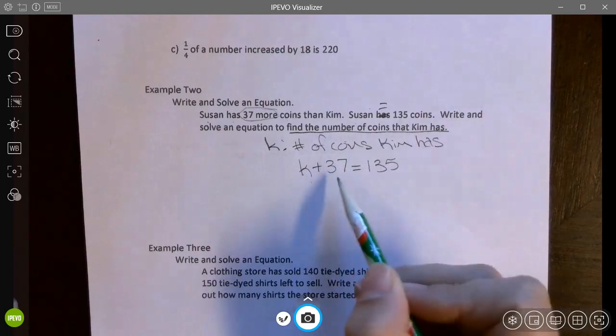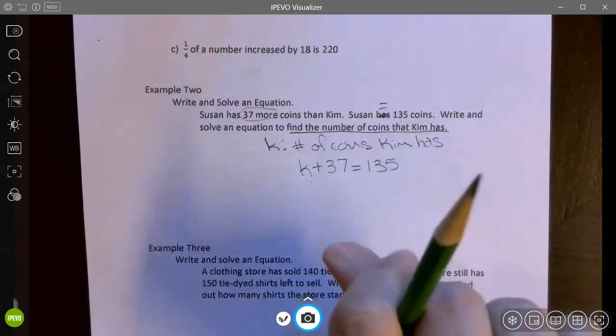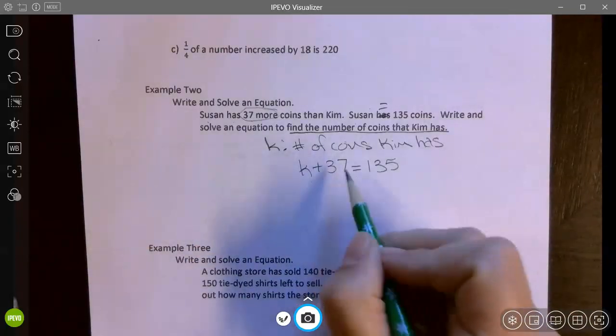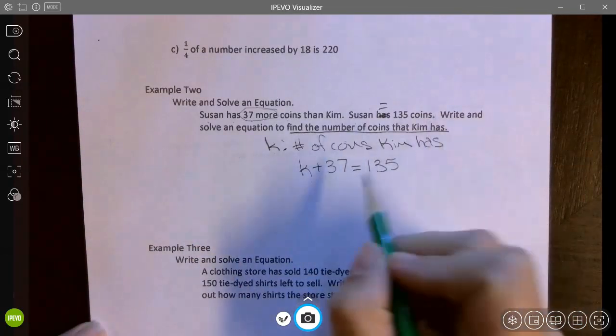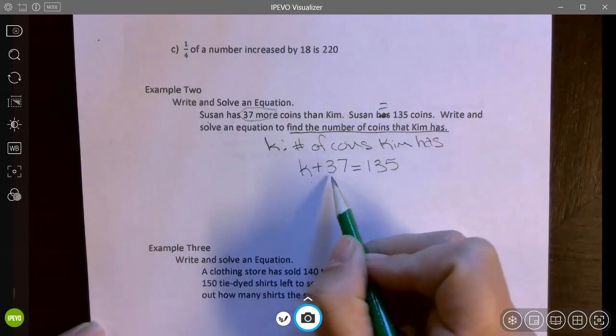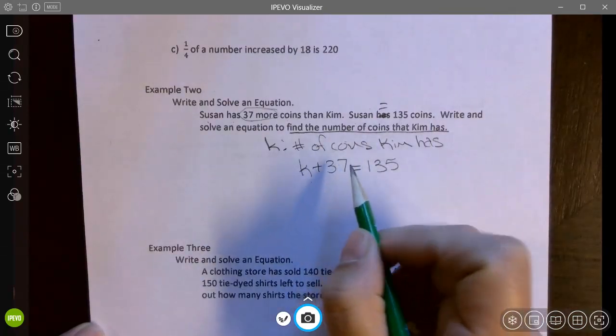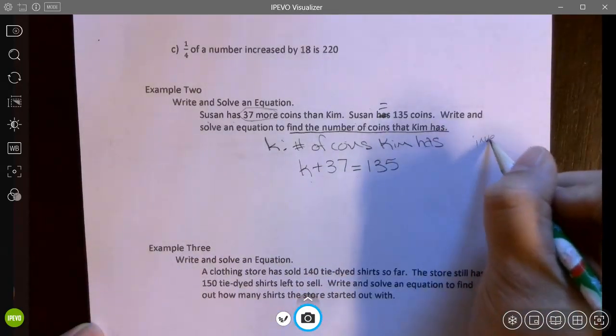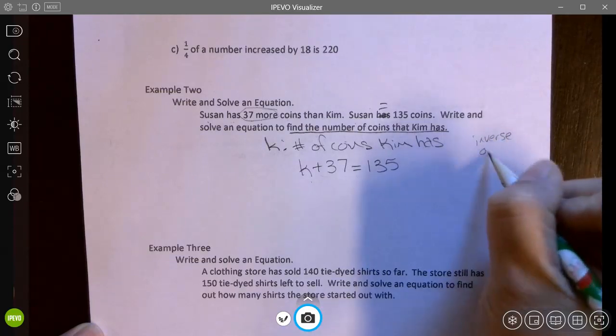So if I get rid of this 37, it's going to make it unbalanced. So whatever I do to one side, I have to do the other side. And the only way I can get rid of this plus 37 is I need to take the inverse operation.